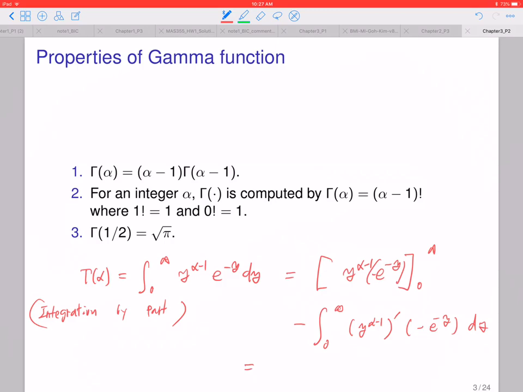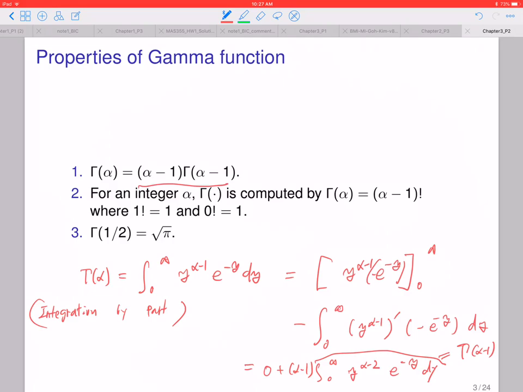The first part is 0, and the second part is the integral from 0 to infinity of (alpha minus 1) y^(alpha minus 2) e^(minus y) dy. So this is a gamma function with a different parameter, and we have this result: gamma(alpha) = (alpha minus 1) gamma(alpha minus 1).